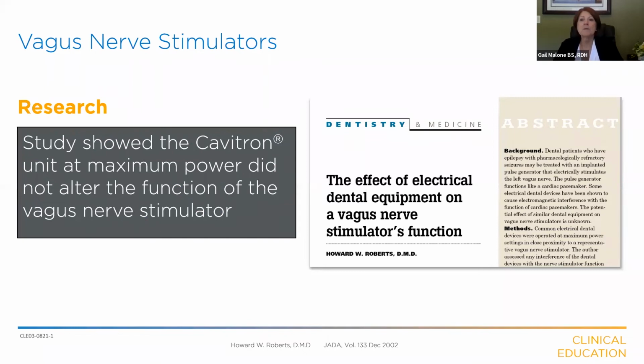And lastly, we know that implanted electronic devices go beyond cardiac devices. This is an older study from 2002, but it discusses the effect of dental equipment on a vagus nerve stimulator. And as you can see, the conclusion stated that a Cavitron at maximum power did not alter the function of the vagus nerve stimulator.